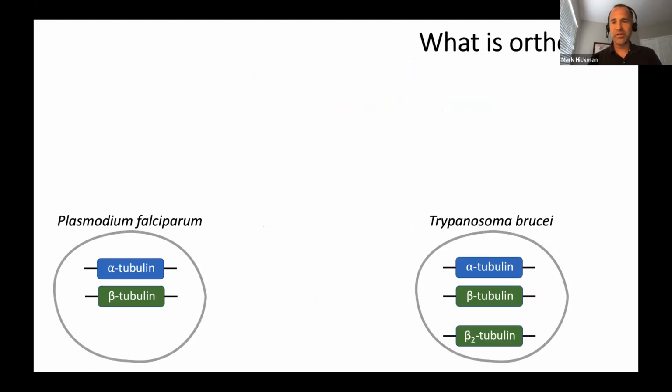So what is orthology? I'll just give a brief introduction to what we think about it. We're talking about two species, like Plasmodium and Trypanosomes, and they may each have an alpha tubulin, each have a beta tubulin, and actually Trypanosoma brucei has another beta tubulin called beta 2 tubulin.